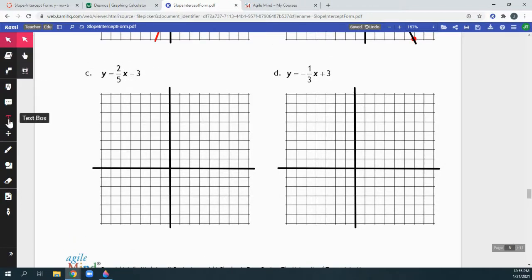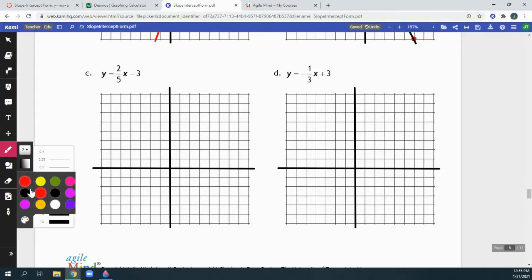All of them I solve exactly the same way. -3. Well, that's going to be my y-intercept, -3. So I'll go down to -3, 1, 2, 3. In fact, I'll put in this y-intercept as well. That one's +3, 1, 2, 3. Next, I need to notice this. This means up 2 and over 5.